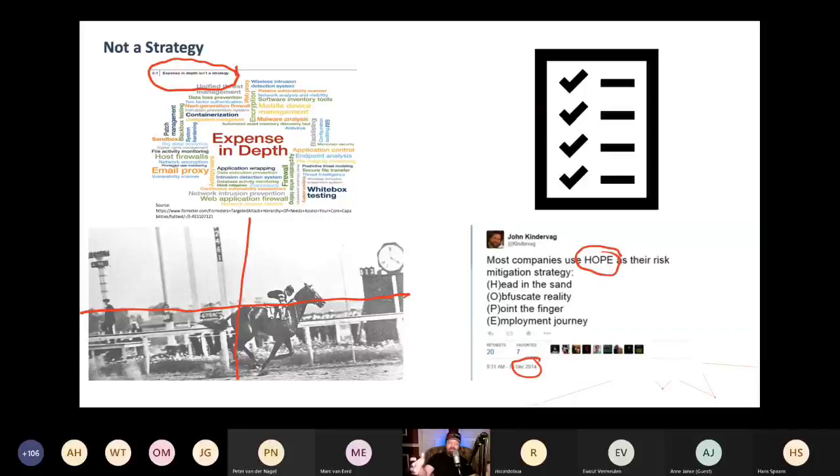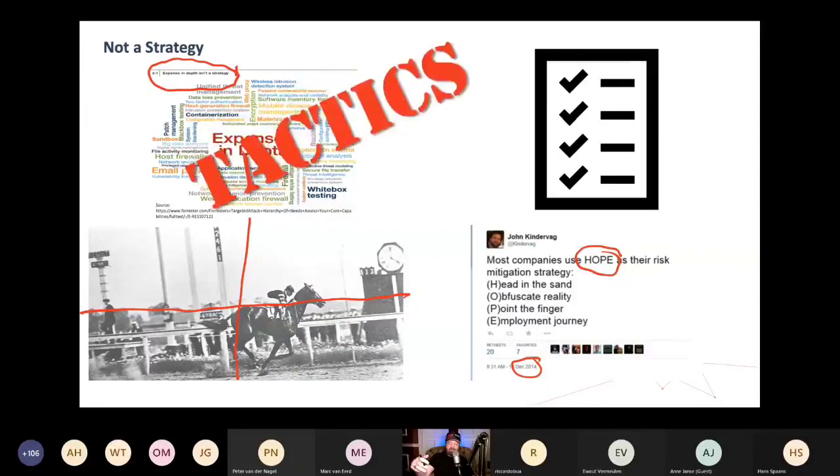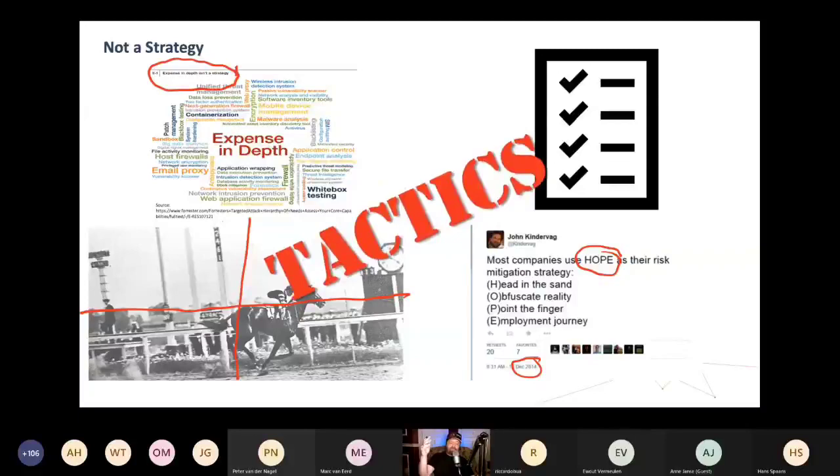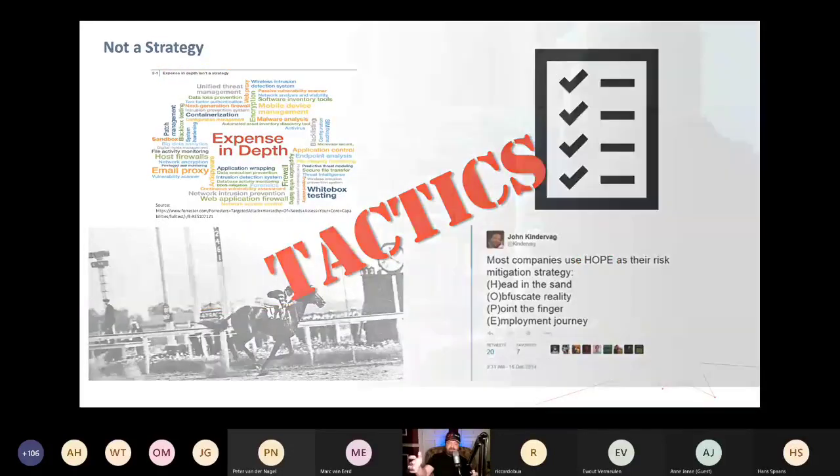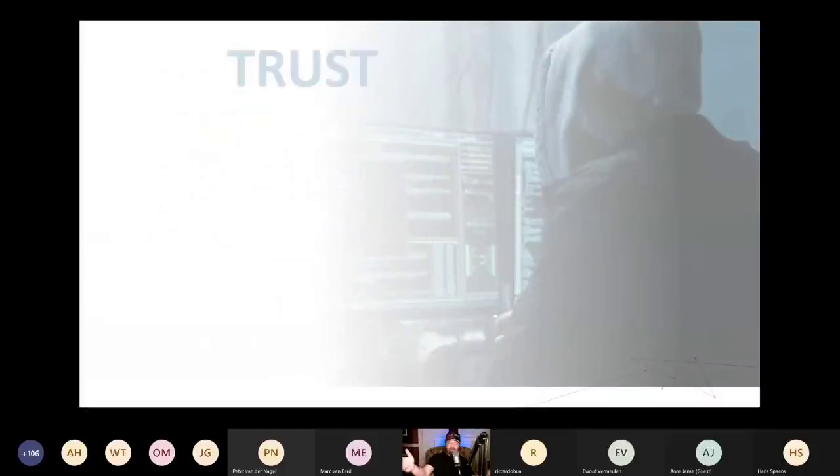So that's E, the employment journey. I don't know how the CEO of SolarWinds hasn't got fired. He should get fired, but hey, I'm not on the board of directors there. So these are all tactics, and we need to move away from tactics to strategy if we want to be successful. Now let's get into zero trust.